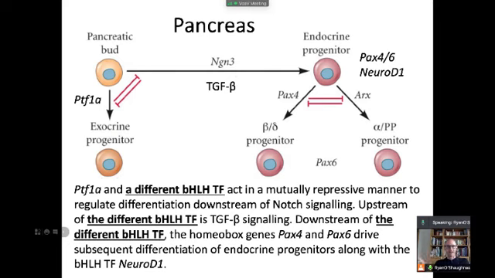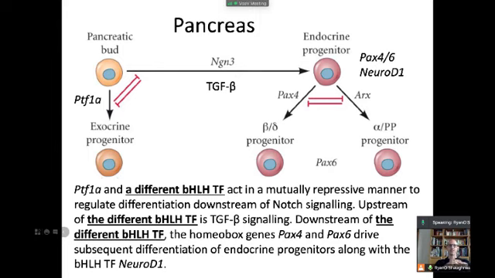So we have our overall model where PTF1A and a different basic helix loop helix transcription factor act in a mutually repressive manner to regulate differentiation downstream of Notch signaling. Upstream of the different basic helix loop helix transcription factor is our TGF-beta signaling.